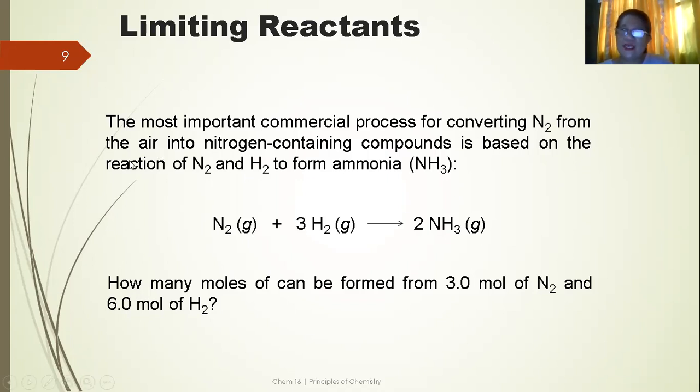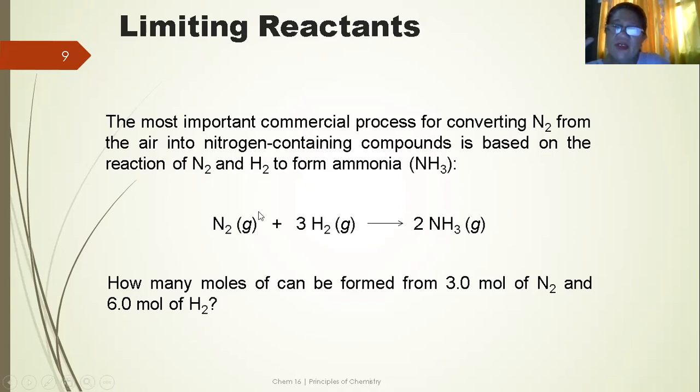For instance, this one: the most important commercial process in converting nitrogen from air into nitrogen-containing compounds is based on the reaction of diatomic nitrogen and diatomic hydrogen to form ammonia. So how many moles can be formed? As I said, that is not the given in getting the product.